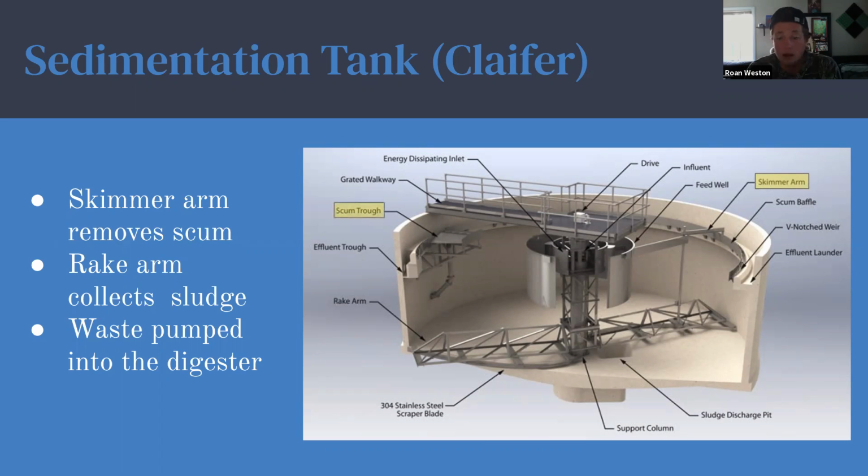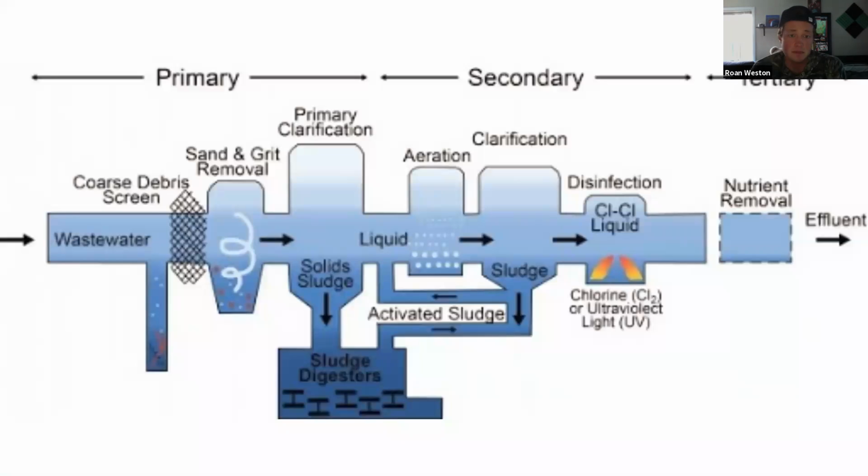On the bottom, you have your rake arm, and your rake arm collects all of your sludge. That is going to ultimately go into the digester. Once in the digester, these different pollutants can be taken to a landfill or possibly even used for fertilizers and agricultural means. So that is primary treatment.